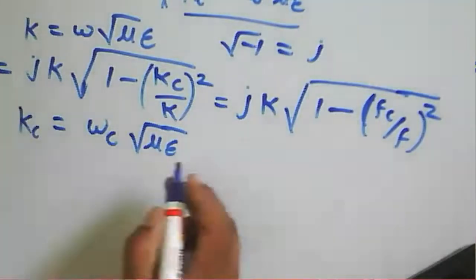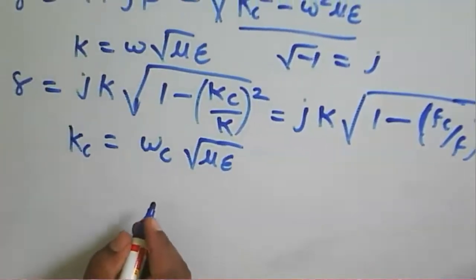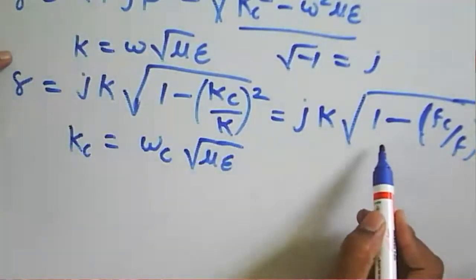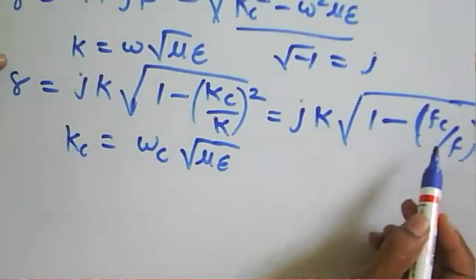Now this propagation constant, we say gamma is equal to jk under root of 1 minus bracket fc by f bracket square.